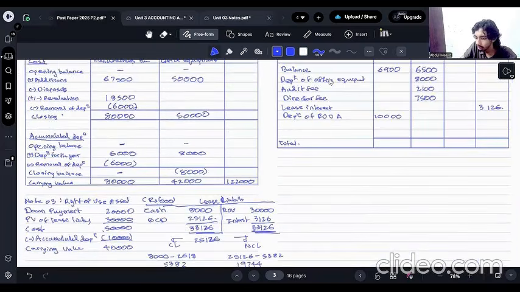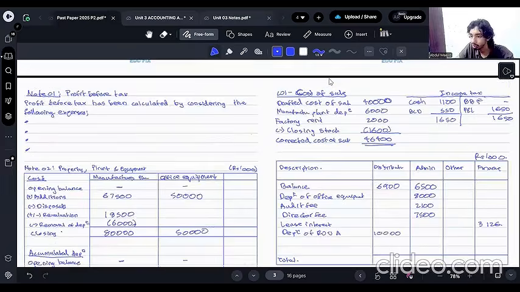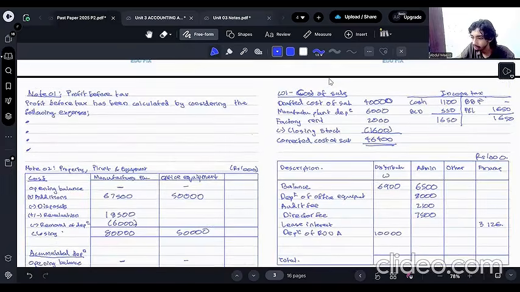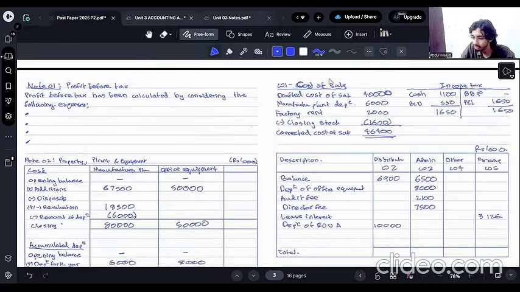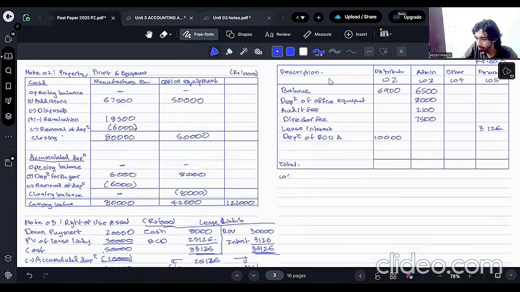The standard working for income taxes: now we'll say, okay, this is working 1, distribution expense; working 2, admin expense; working 3, other expense; working 4, finance expense; working 5. So for income tax, we'll say working 6. Income tax.